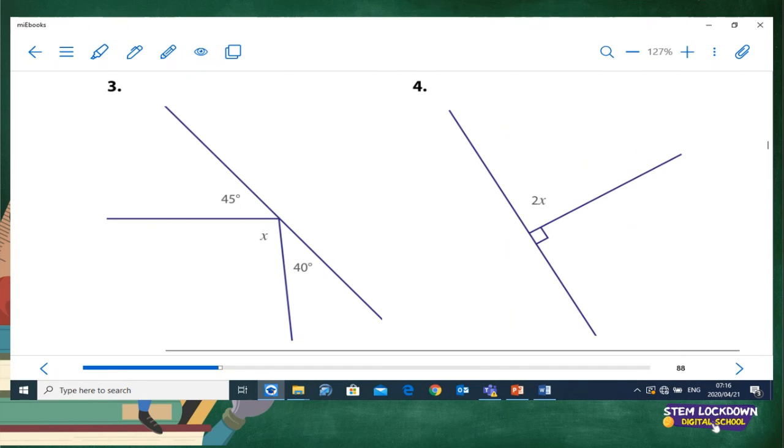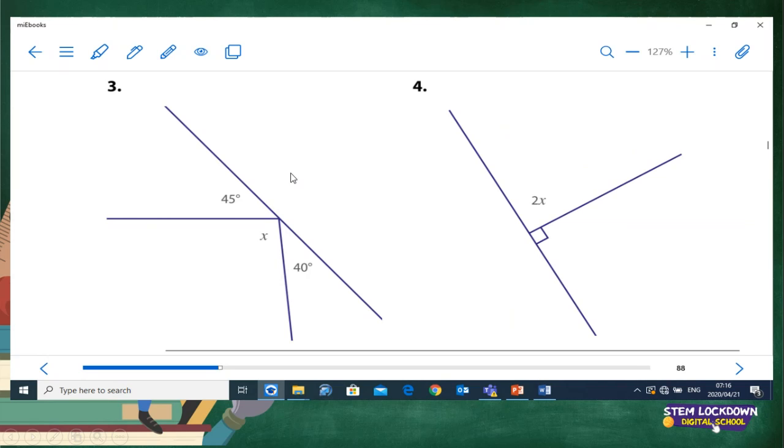Then we proceed to the next activity, where you can clearly see that we have a straight line in the first category, number 3. This is the straight line.